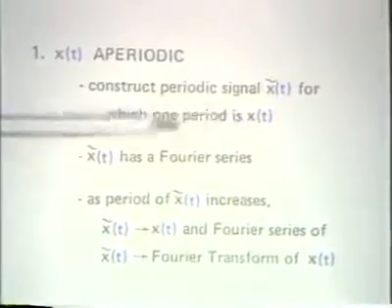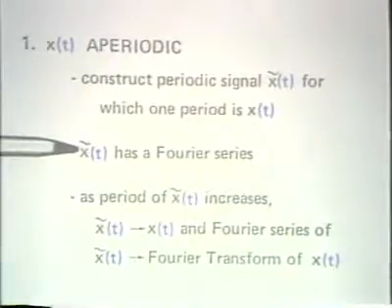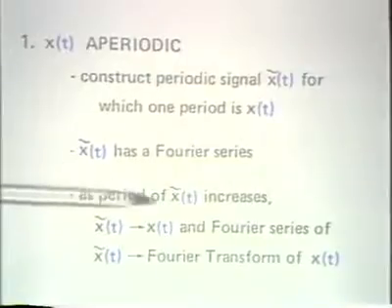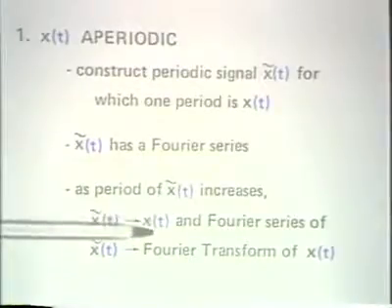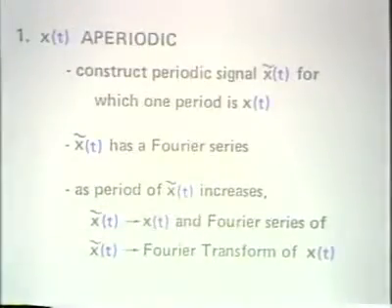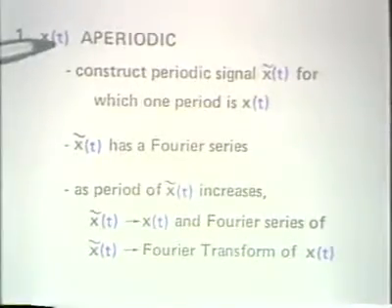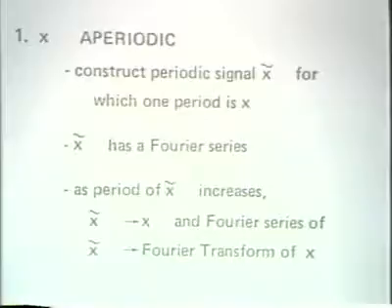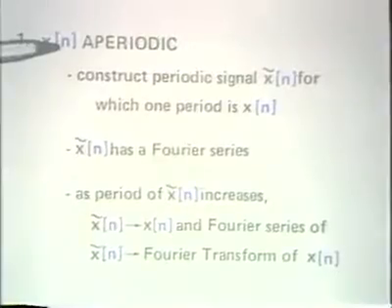Since the periodic signal has a Fourier series, and as its period increases and goes to infinity the periodic signal represents the aperiodic signal, the Fourier series provides us with a representation. Now, we can do exactly the same thing in the discrete time case. The statement is exactly the same, except that instead of t as the independent variable, we make the same statement with our discrete time variable n.